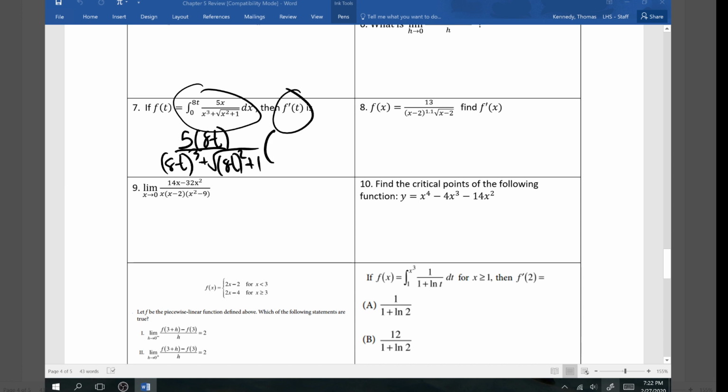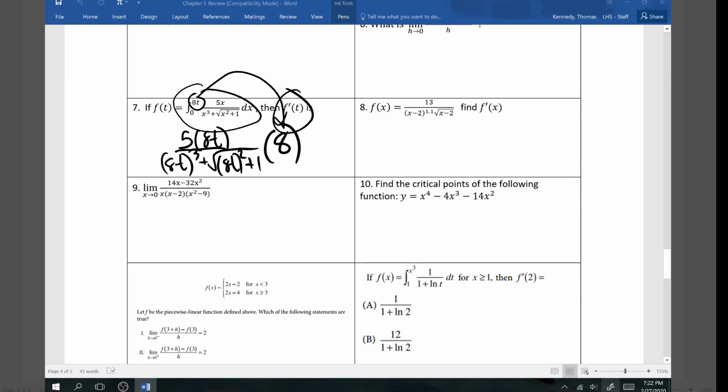And then you multiply by the derivative of 8t, which is 8. And you're good. That's it. So a lot of people forget this chain rule piece. In fact, some people retook this today, and most of them forgot the chain rule piece.